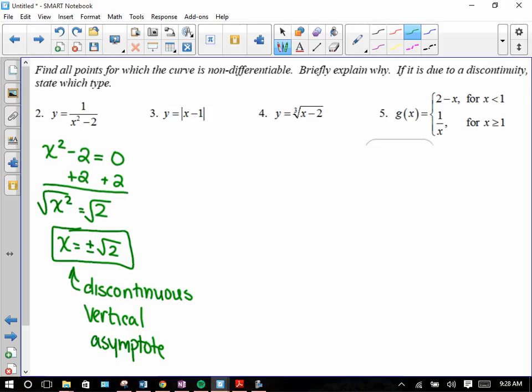Now, these next two, you kind of have to understand what the graph looks like. You have the absolute value of x minus 1. The absolute value function, do you know what that looks like?